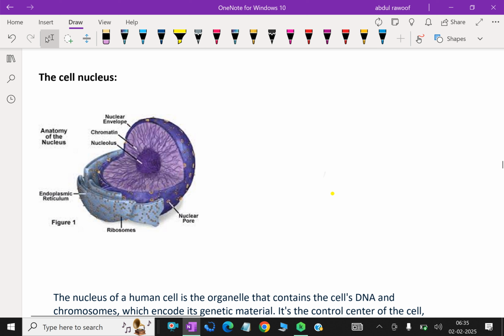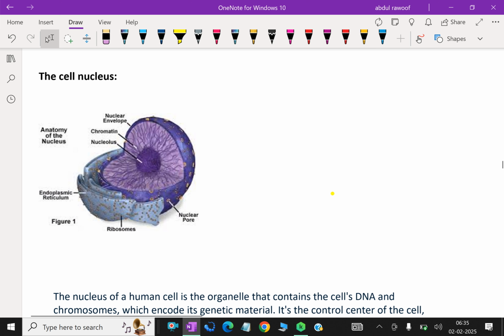Next, what is the cell nucleus? All body cells have a nucleus with the exception of mature erythrocytes, that is red blood cells. That means red blood cells have no nucleus. Skeletal muscle fibers and some other cells contain several nuclei.